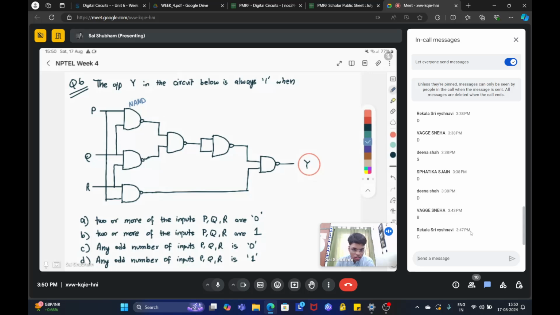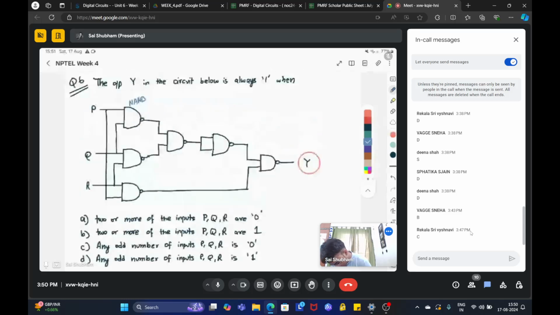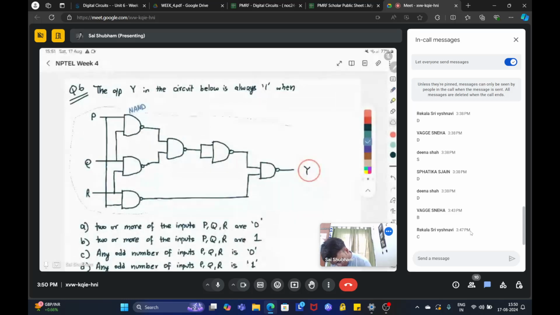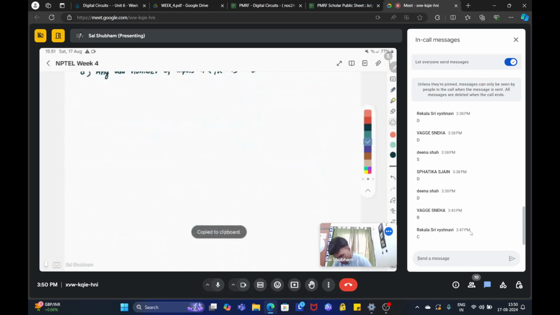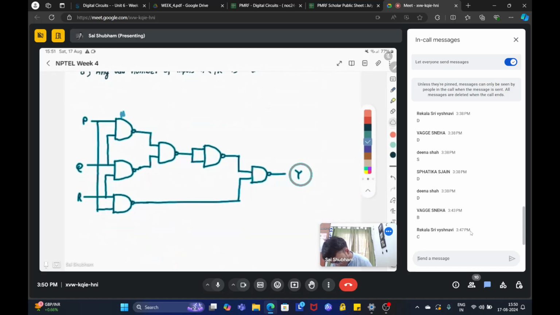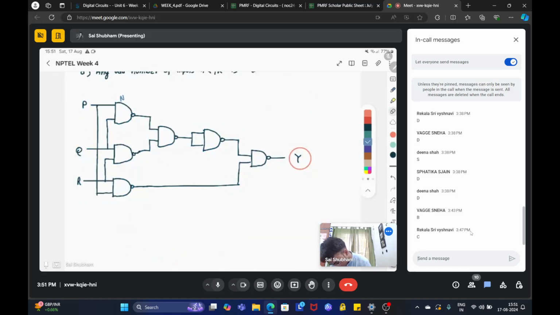I will discuss the solution now. Okay. At this node, it will be PQ bar.